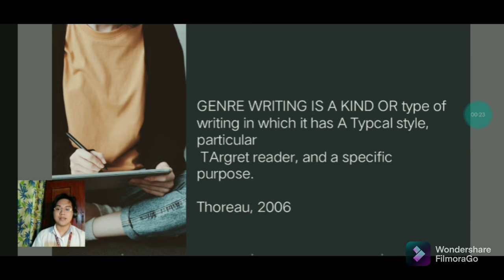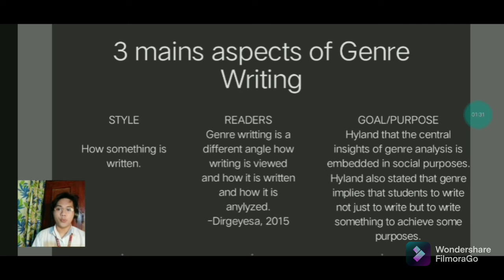It also has a particular target reader, if it is for kids or adults, and has a specific purpose, if it is for the academe or for the mass. So in line with Tori's statement, we can see that there are three main aspects that cover the genre in writing as part of language use. Mainly, these aspects are style, readers, and goal.